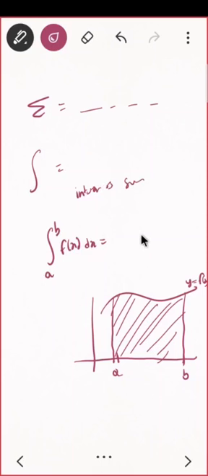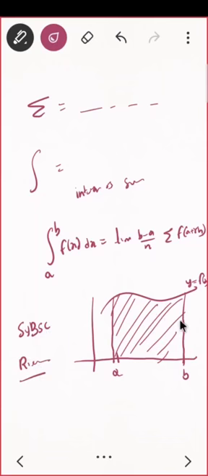Where integration is expressed in terms of summation: limit of (b minus a) upon n, and summation of r into f of a plus rh, something like that. Do you remember? There you just saw this, and you don't know what it is. Later on we will see this in detail. Even if you have a little interest, you may watch the multivariable Riemann integration, which is in SYBSc semester 3, where I have defined the whole thing, what this integration means, and how I can relate this integration with summation.